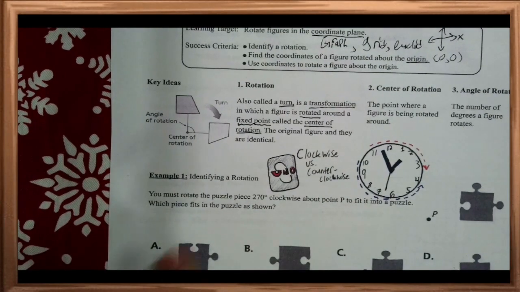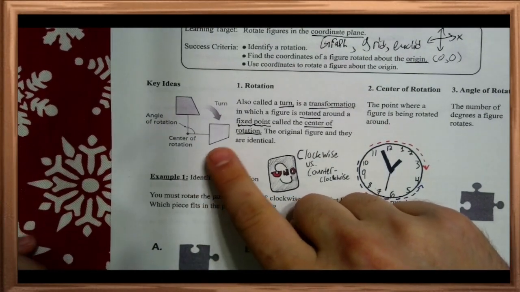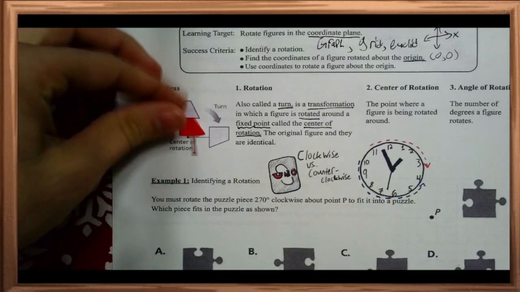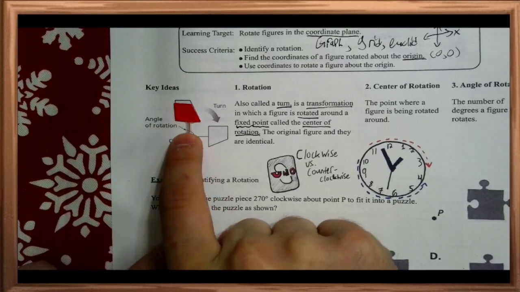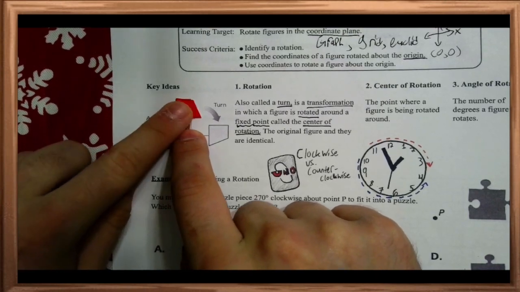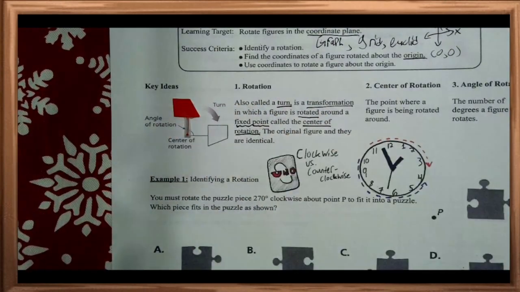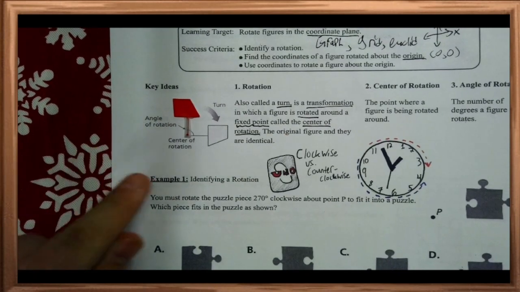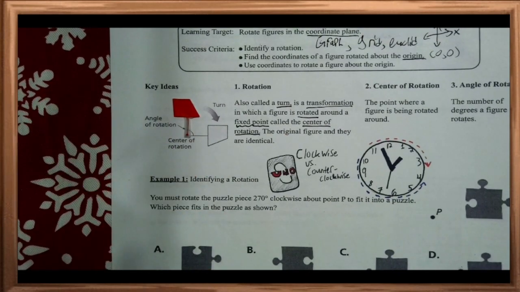So, here's what I did. Notice there's a little diagram here that's very helpful. I made a tiny little shape here that should fit right there. And it's red just so that you can distinguish it from the rest of the paper.